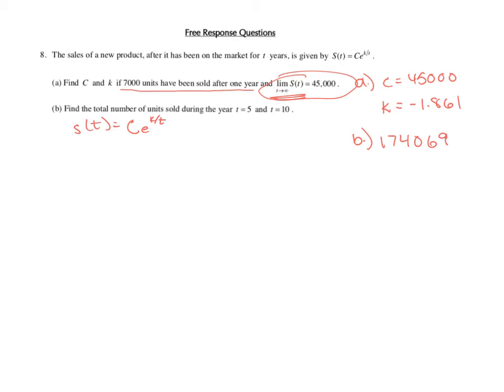Clearly, you can see that from the answer, but as t goes to infinity, the k over t is going to go to 0, right? So if t goes to infinity, k divided by infinity is 0. So that's going to leave us with just the c out in front. So knowing that the limit is going to be 45,000, that gives us the coefficient. So S of t, we now know, is 45,000 e to the k over t.